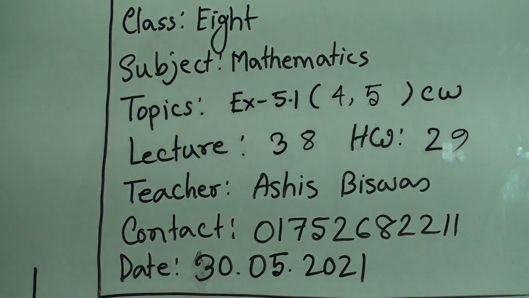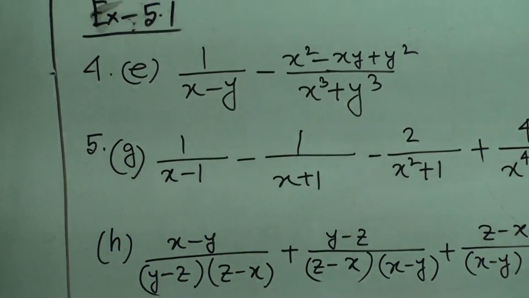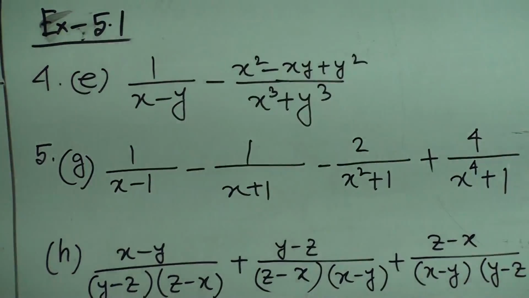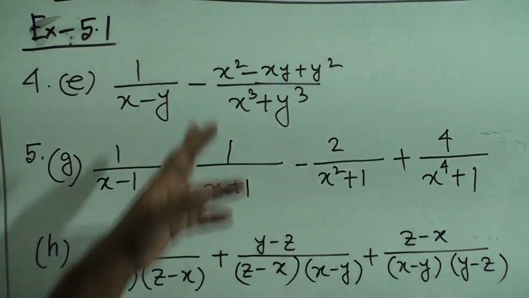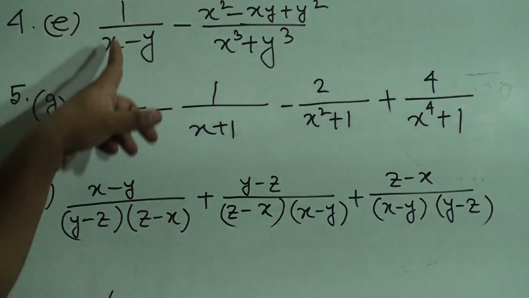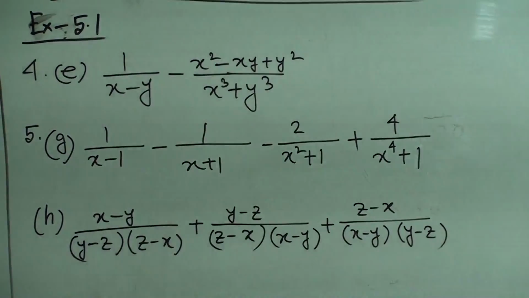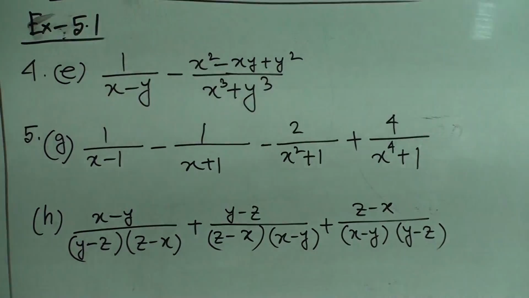Okay, question number 4. You must open your math book, and the question is find the difference. That means we do subtraction of these two fractions: 1 by x minus y minus x square minus xy plus y square divided by x cube plus y cube.